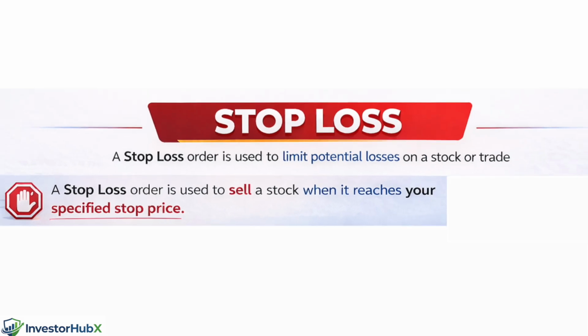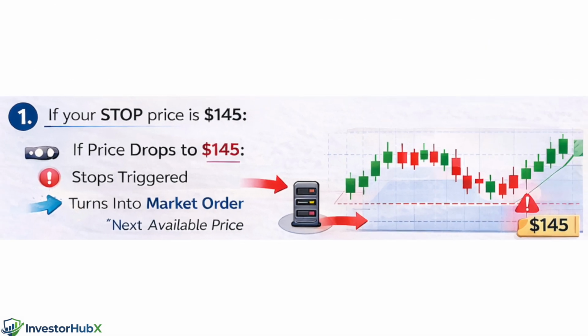A stop loss is used to limit potential losses on a stock or trade. A stop loss order is used to sell a stock when it reaches your specified stop price. For example, assume a stock is trading at $150 and you believe it will go up. You set your stop loss at $145. If the price drops to $145, the stop loss is triggered to prevent a larger loss.